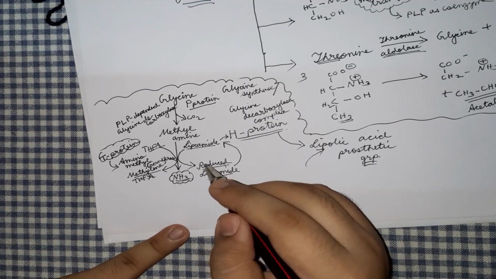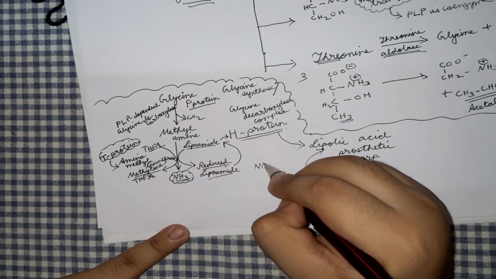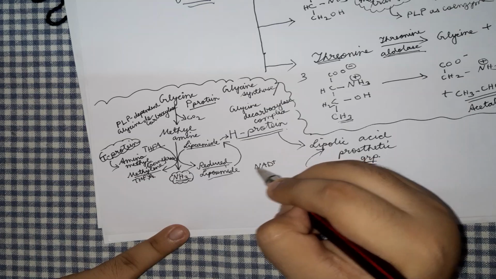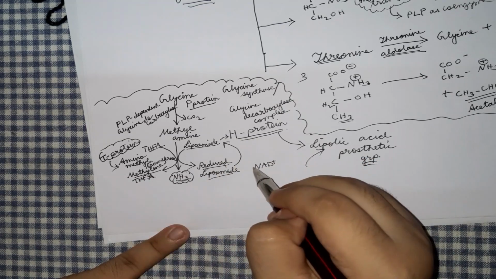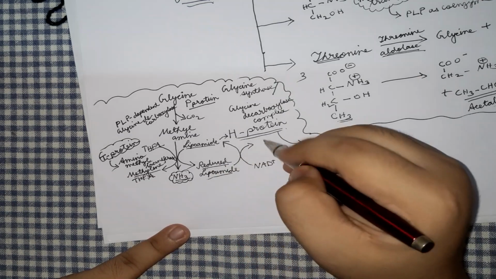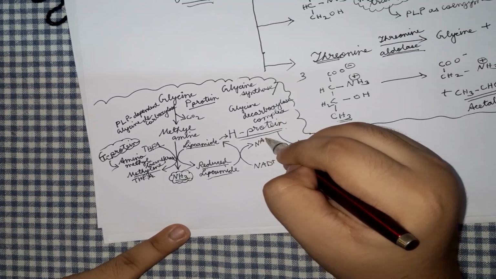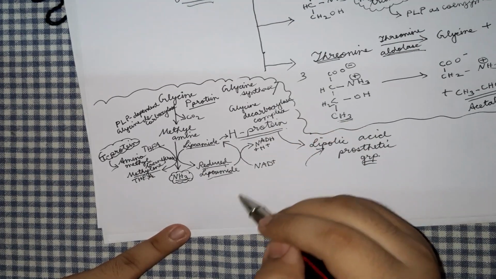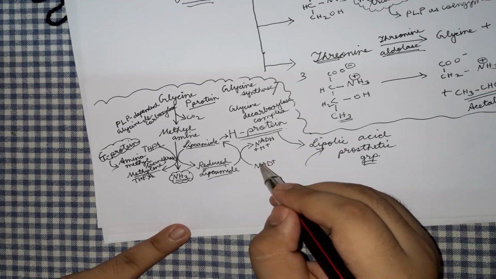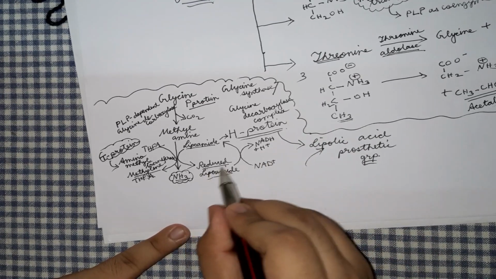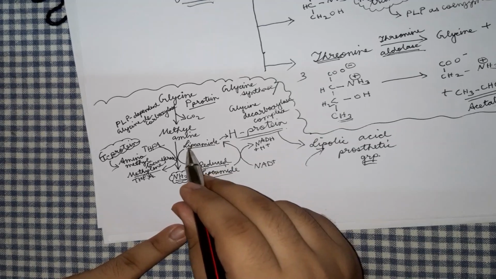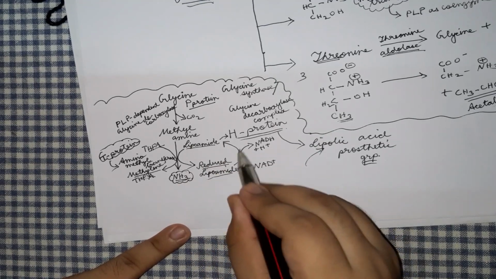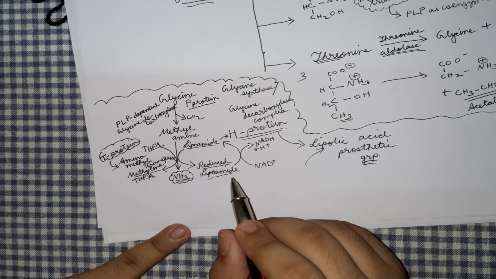So it uses NAD plus and actually reduces the NAD plus into NADH plus H plus. Alright, NADH plus H plus. So this reduced lipoamide is again oxidized back to lipoamide, and NAD plus is reduced to NADH plus H plus.